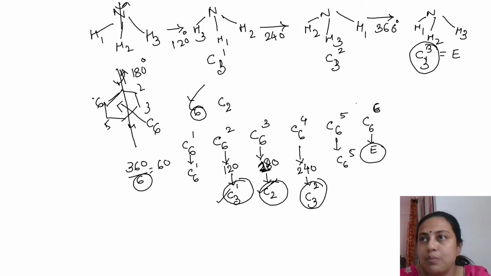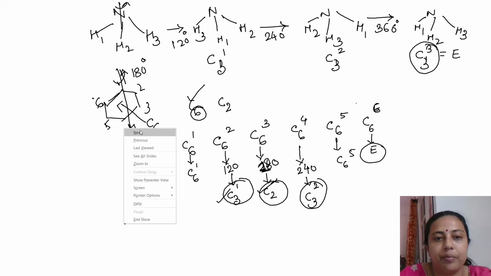So a principal axis of higher value sometimes generates symmetry axes of lower value as well. For benzene, we have C6 and coinciding C3 and C2. Now comes the symmetry plane.